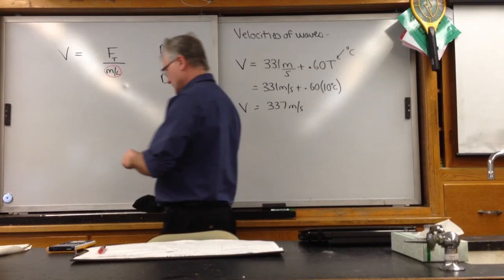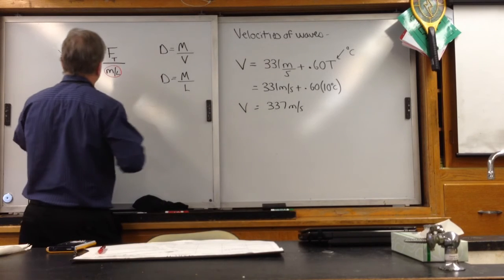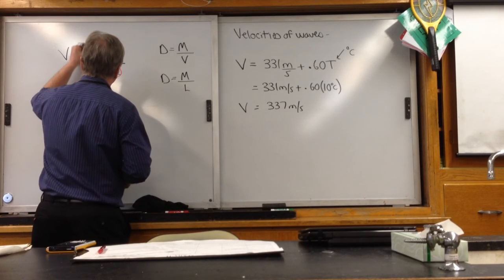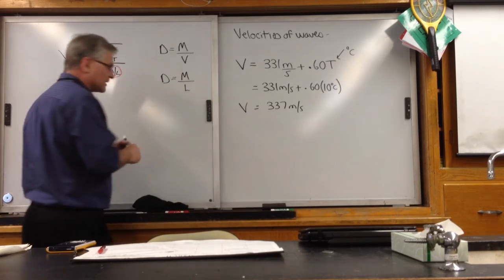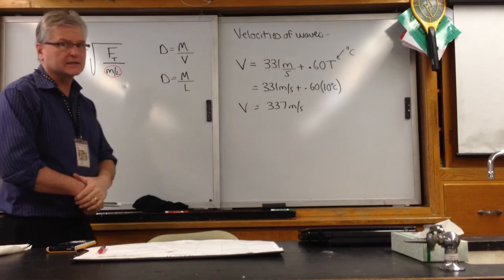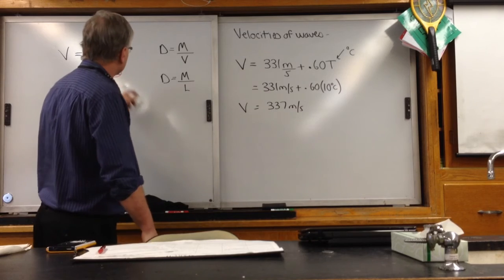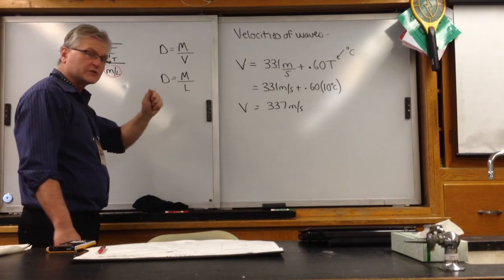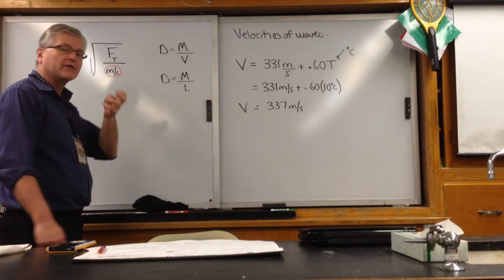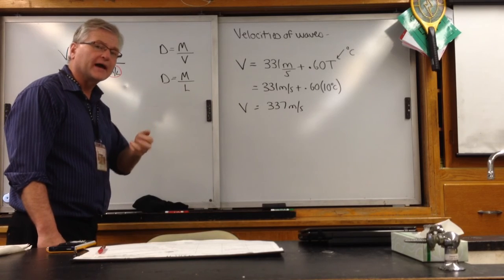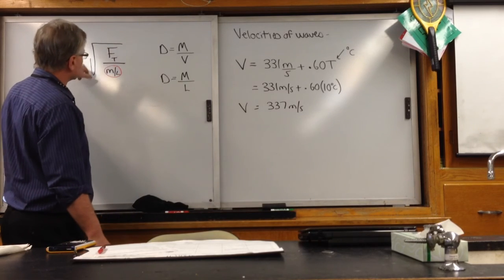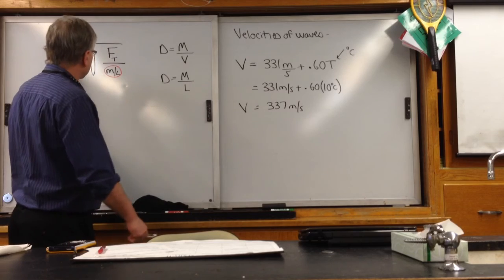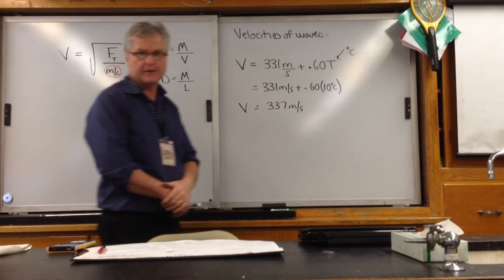Now, one last thing, because it has to do with the energy of the spring, we can put a square root sign, and we can now determine what the velocity is of a string on a guitar by measuring the tension and adjusting the tensioners and figuring out how heavy the string is. What I mean by that is the linear density, and then take the square root after we divide them, and that'll actually tell us the velocity on the string.